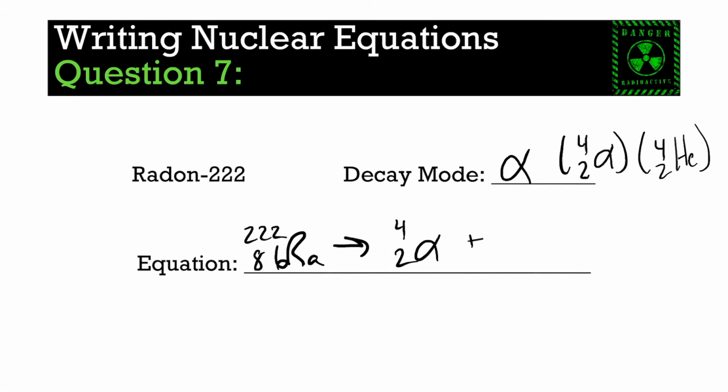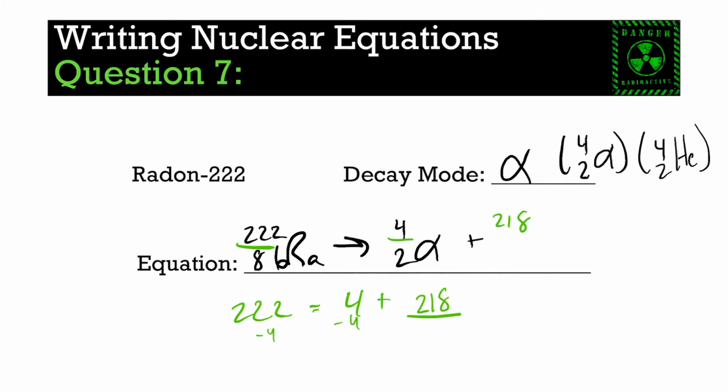And we have to get something else. So if we're going to focus on the top, you have 222 equals 4 plus something. And to figure that out, you minus 4 from both sides, so you get 218, like that.